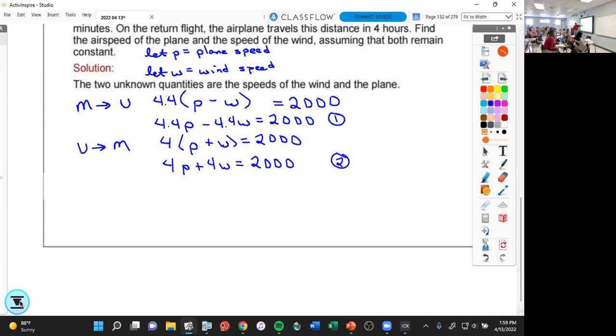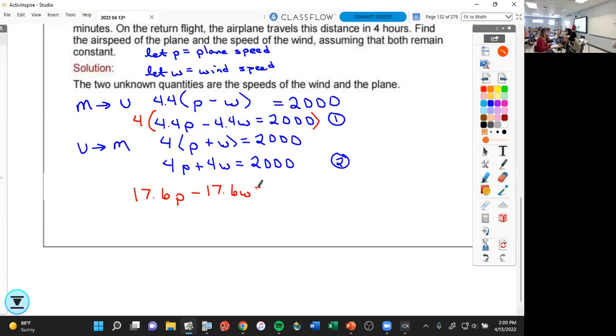Multiply this one by 4 and this one by 4.4. That makes sense to me. I'm going to multiply this one by 4. So 4.4 times 4 is, I think, 17.6 P minus 17.6 W equals 8,000.